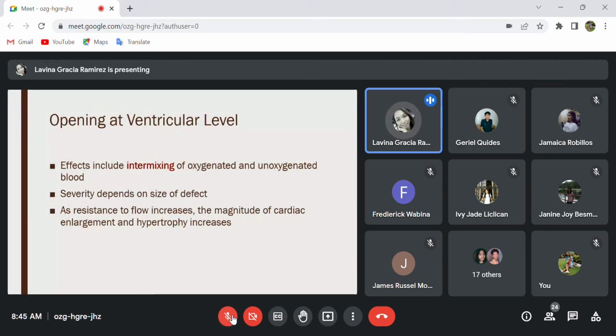Now we have the ventricular level opening, a patency. The effects of this opening at the ventricular level include intermixing of oxygenated and unoxygenated blood. How will this happen? We have the septum. At the ventricular level, the different chambers of the ventricle contain different blood. The right ventricle has the unoxygenated blood, and the left has the oxygenated blood.